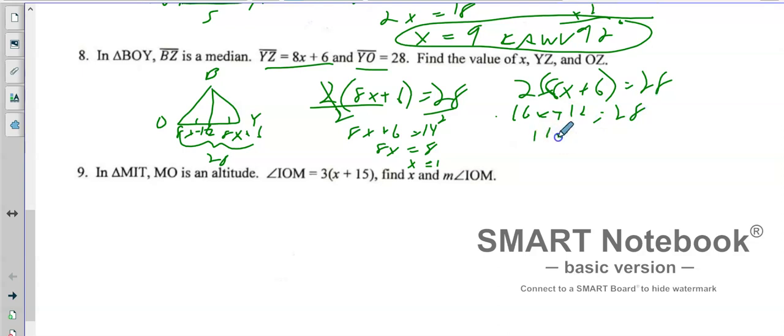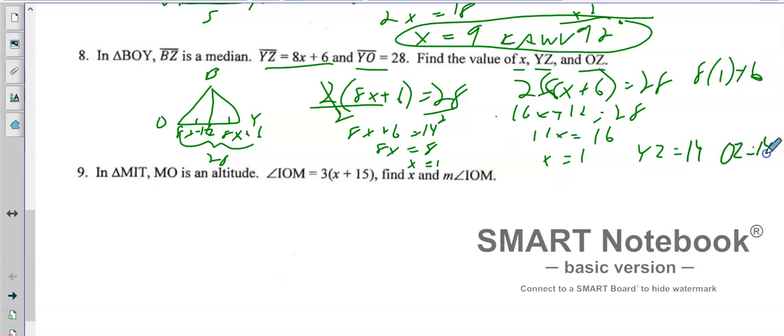Subtract the 12 and get 16x equals 16, and x equals 1. Either way, you're going to get x equals 1. But now it says find x, which we just did, YZ, and OZ. Well, OZ is the other side. So YZ is, plug the 1 in. So 8 times 1 plus 6, that's 8 plus 6 is 14. And then OZ is also 14.